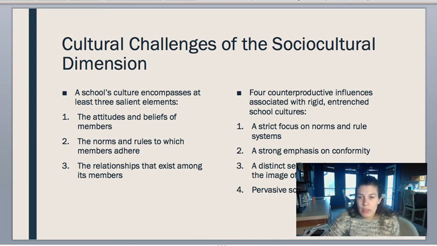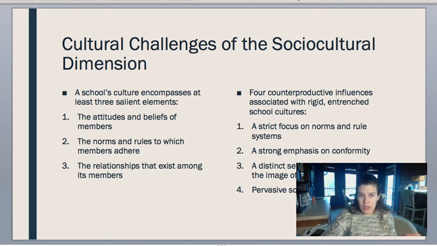And that is 1, a strict focus on norms and rule systems; 2, a strong emphasis on conforming to those rules; 3, a distinct self-consciousness about the image of the school; and 4, pervasive scapegoating. I encourage you to read in depth about those in the chapter.